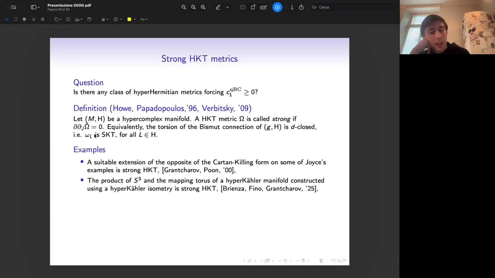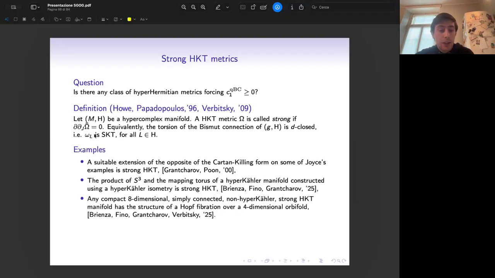Other examples were constructed by Barberis, Fino, and Grantcharov, where they show that the product of S3 and the mapping torus of a hyperkähler manifold constructed using a hyperkähler isometry is strong HKT.